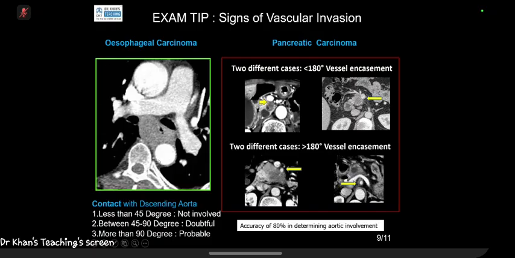Are you with me? So this is the criteria. If the contact is less than 45 degrees, it is not involved. If it is between 45 and 90 degrees, doubtful. So we will say by our criteria we are suspicious, let's do an EUS. But if it is more than 90 degrees, it is probable, right?